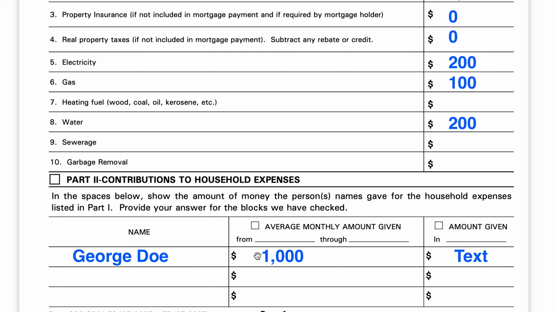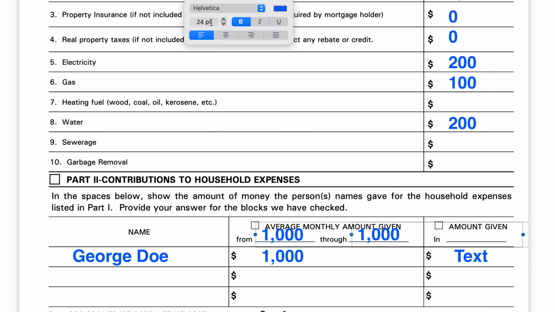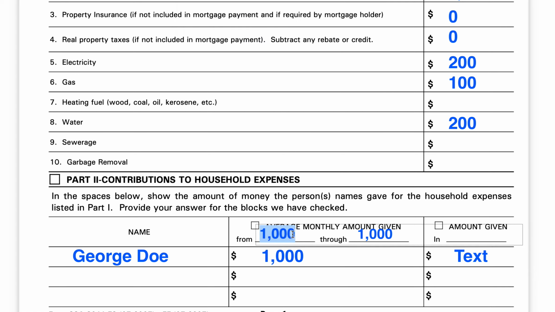So if the time frame up there was from January to December of 2023, and that was the period of time that George Doe was living with the family, then I would take extra steps to make sure that we're writing, January 2023.